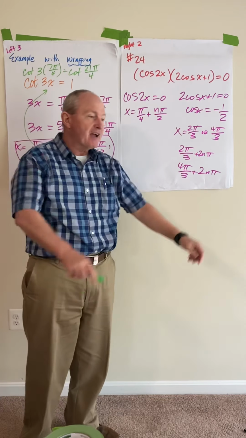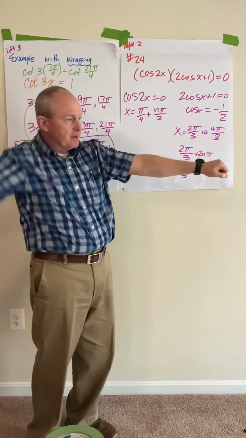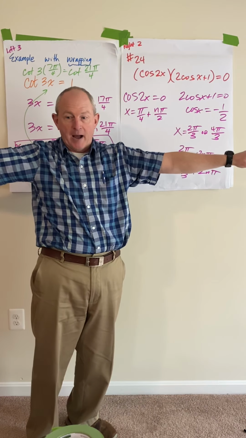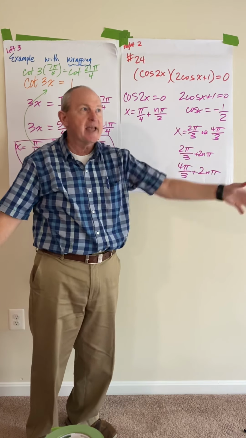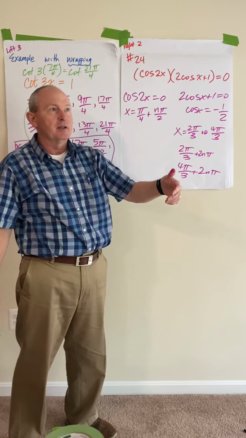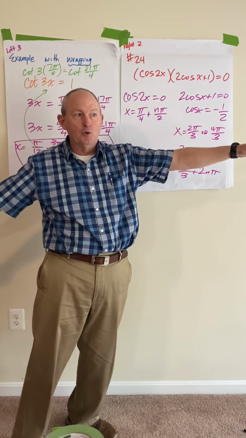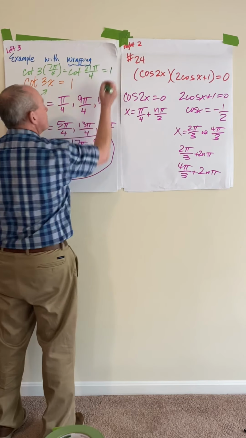So 5 pi would be, think about this, there's 2 pi, 4 pi, 5 pi, and then another 1/4 pi would be here. So we're looking at the cotangent of the angle in the third quadrant whose reference angle is pi over 4. Okay, that's one.